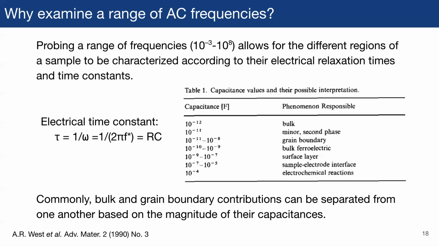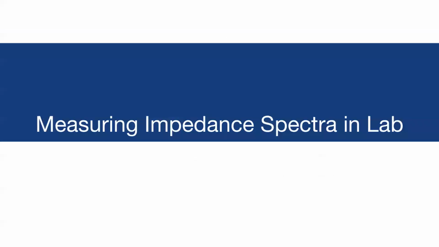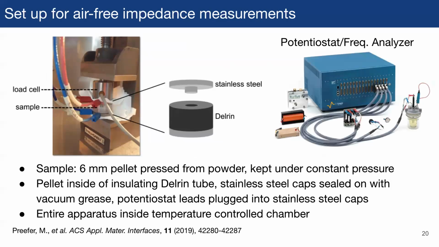Okay. So now let's talk about what it looks like to actually measure an impedance spectrum in the lab. So thank you to Rebecca Vincent for this slide here. Here, basically, what we can see is that in a temperature-controlled chamber, we've assembled our impedance cell.